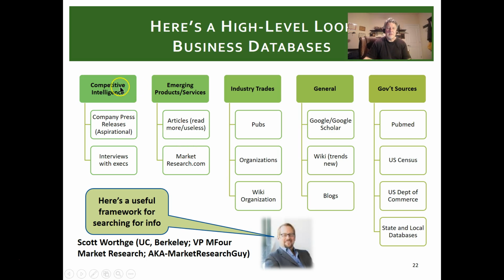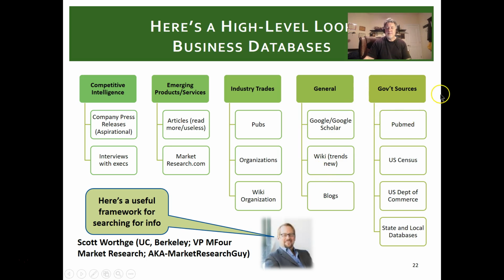Competitive intelligence, and as you can see in this exercise that we have, you look at your company press releases. You may want to look for interviews with executives. Emerging products or services, articles, which may be ABI, and marketresearch.com. Industry trends, as we talked about beforehand, publications, organizations, wikis can be of help. In general, then you get into using Google Scholar, Wiki, okay, and blogs.